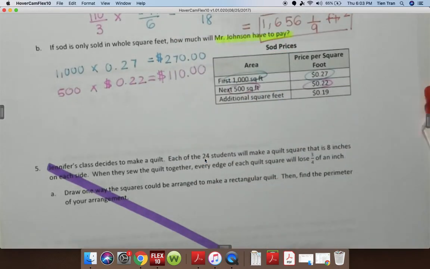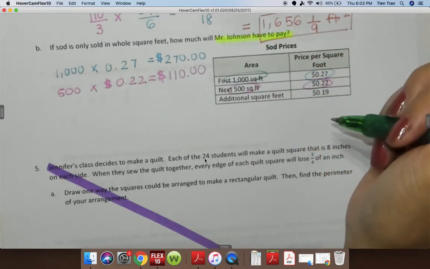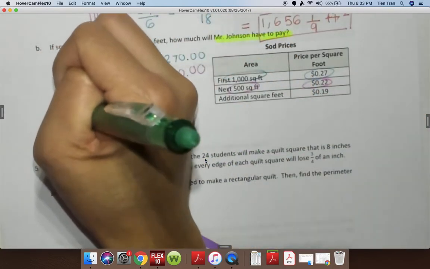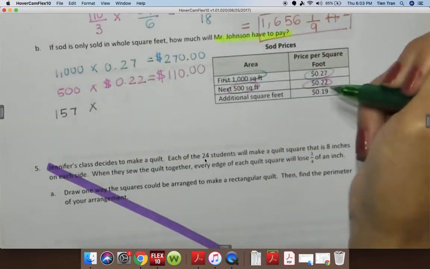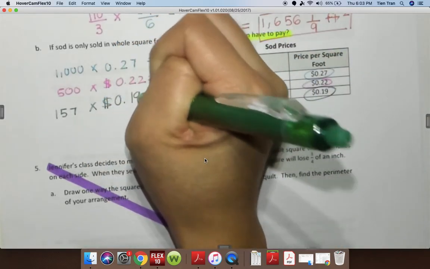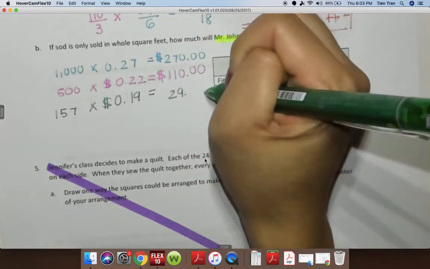And then the next one, I have additional square feet, and I'm going to multiply 157 times 0.19 or 19 cents, which is going to give me $29.83.